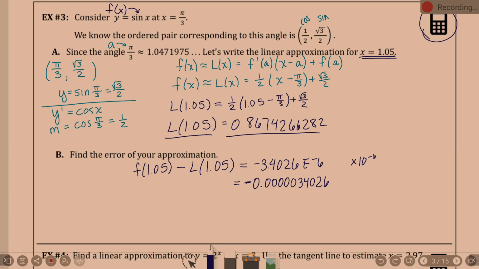Now, with that in mind, if you go back there, it talks about in order to represent, let's see, find the error of your approximation. I don't have a clear final answer.